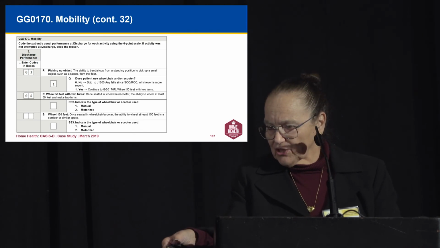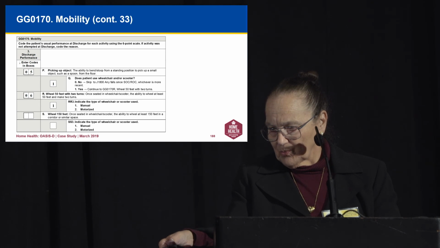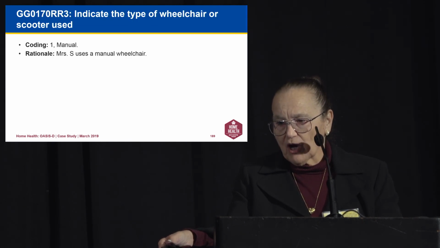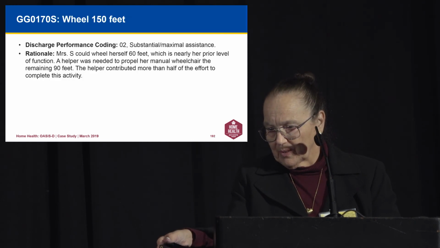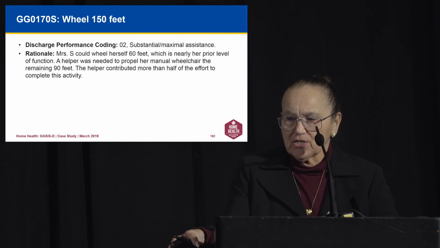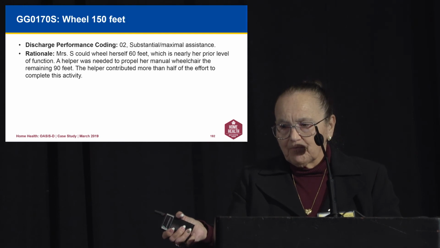To the next question, wheel 150 feet. Oh, there we go. Indicate the type of wheelchair. We've talked about this. She does use the manual. Wheeling 150 feet is coded as an 02, a substantial or maximal assistance.